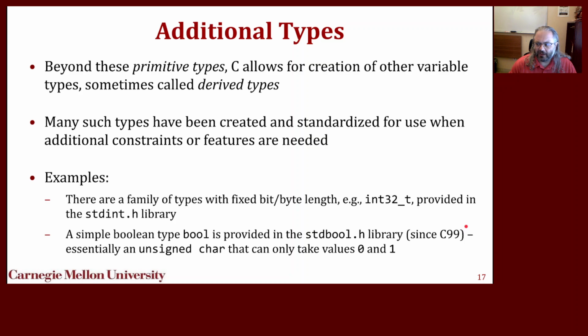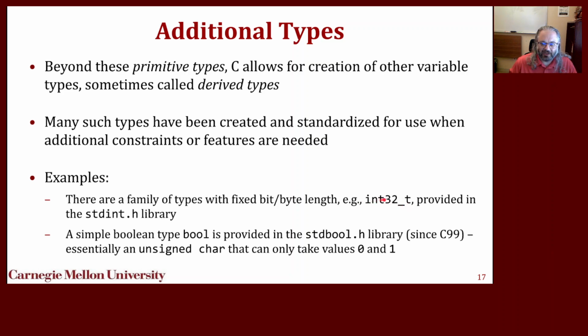These are defined in the C standard integer library, stdint, and they have names that look like int32_t. Int32_t means this is an integer, signed by default, of length exactly 32 bits, and the underscore t is often used to mean derived type or custom type.